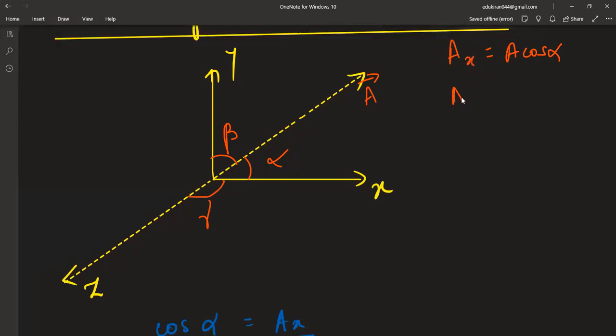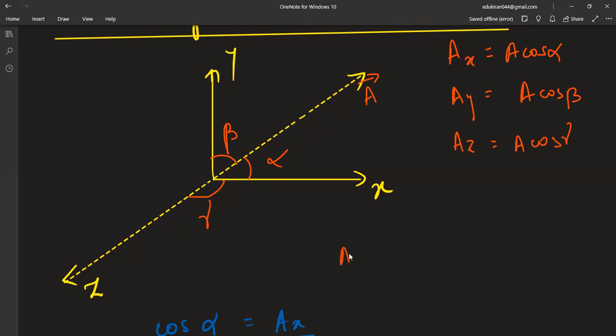When you have to write the component along the y-axis, which angle is along the y-axis? That is beta. So you will write it as A cos beta. Lastly, when we have to write A along the z-axis, we'll consider A cos gamma.